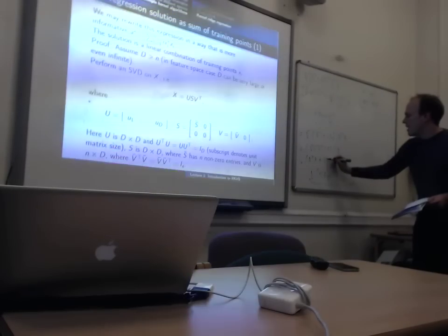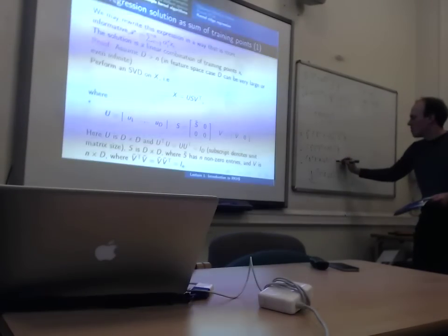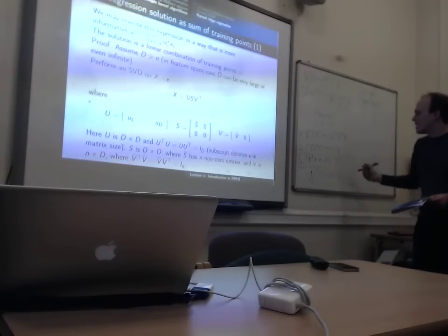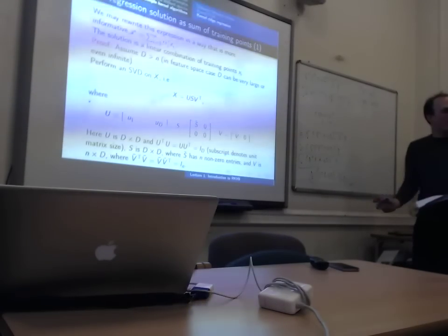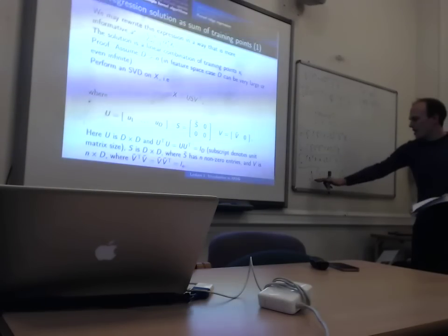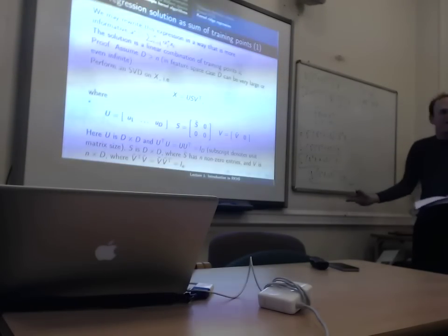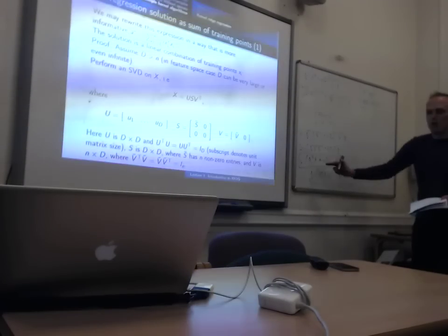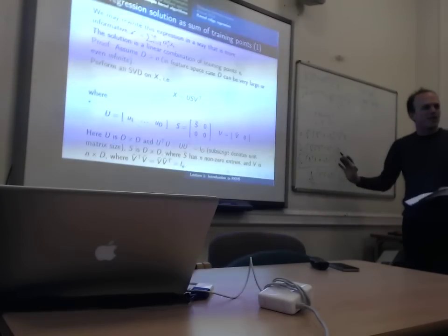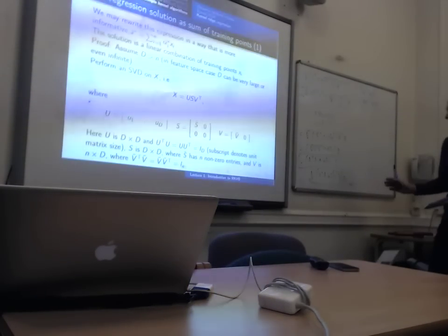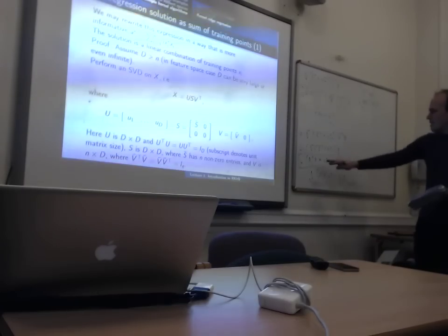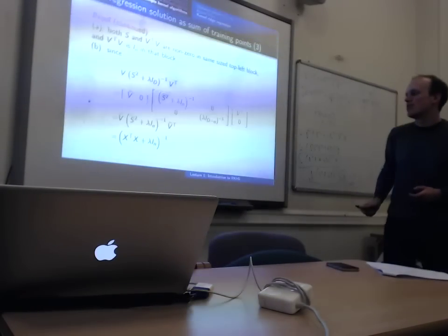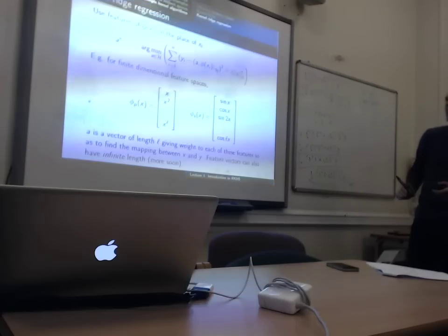Plus lambda I inverse Y. And this is a much nicer expression than the one we started with, because now, rather than writing it in terms of these singular vectors and singular values of X, I'm able to write the coefficients only in terms of the X matrix itself. So that's a lot easier. Okay? So this is my solution now. So let's go to the solution. So you can see all this is in the web page.